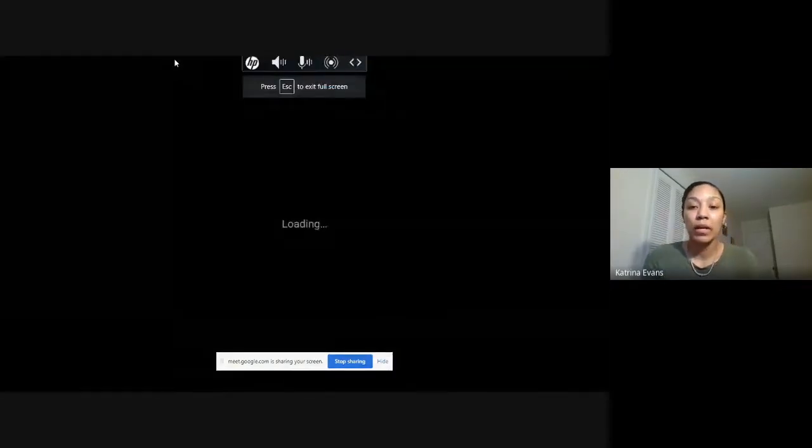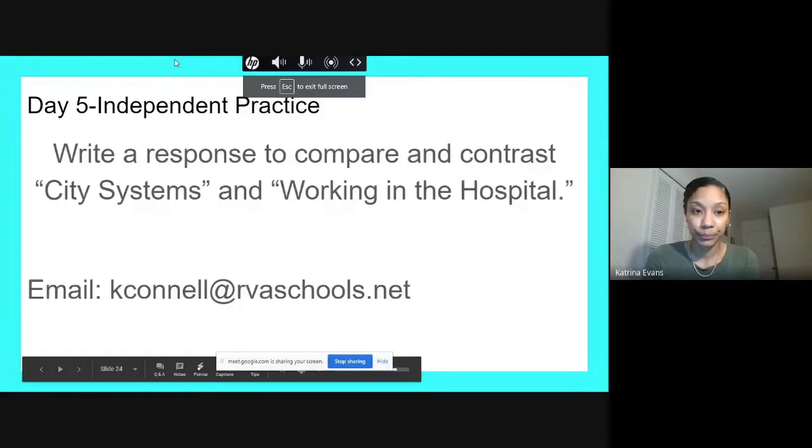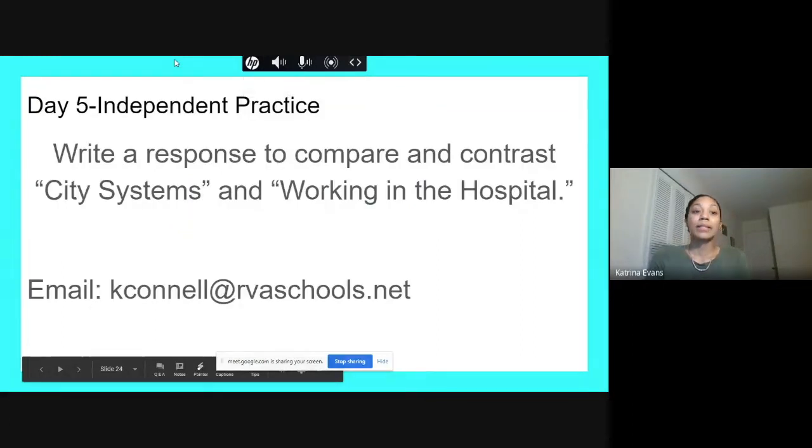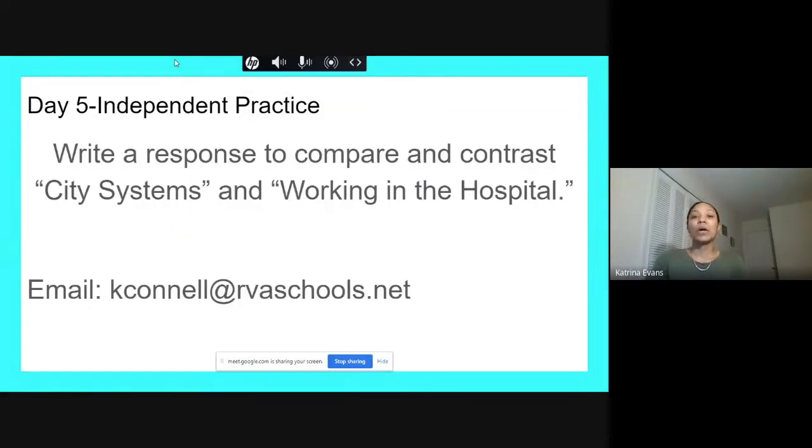So now you are going to write a response to compare and contrast these two informational texts. You're going to compare City Systems to Working at the Hospital. If you'd like to type it up, you can email me your response.